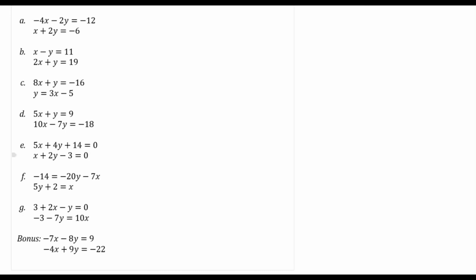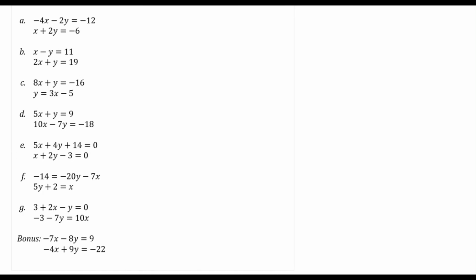But I would suggest you just pick line 2, solve for x, because x has a coefficient of positive 1, and then in here you put your x expression back in line 1 and you solve for y. Once you have your y value, put your y back into one of the two equations, and then you solve for the x value.